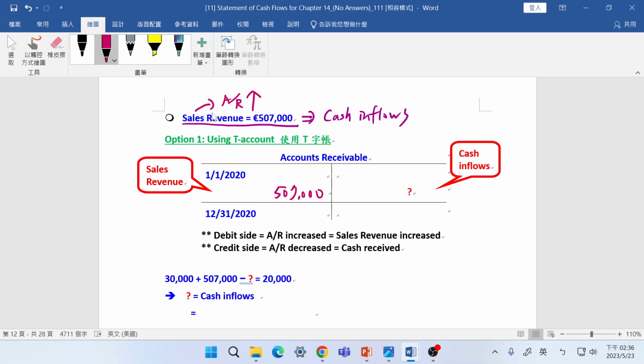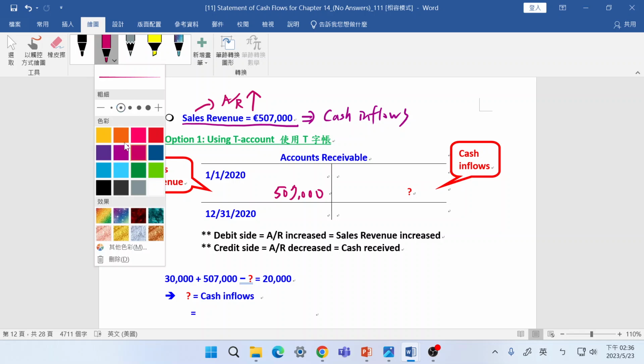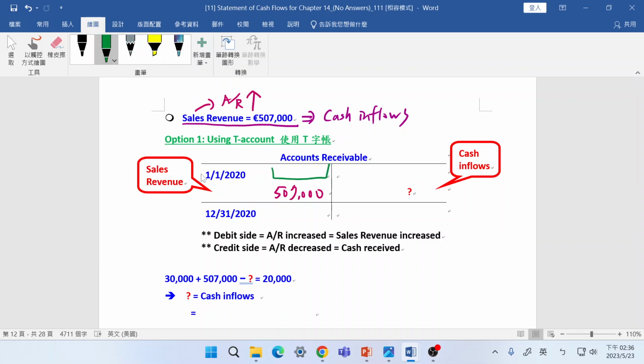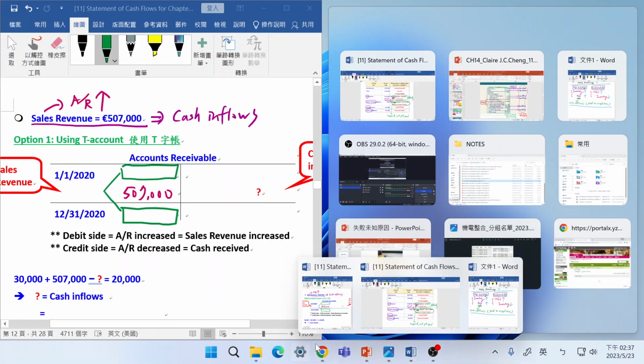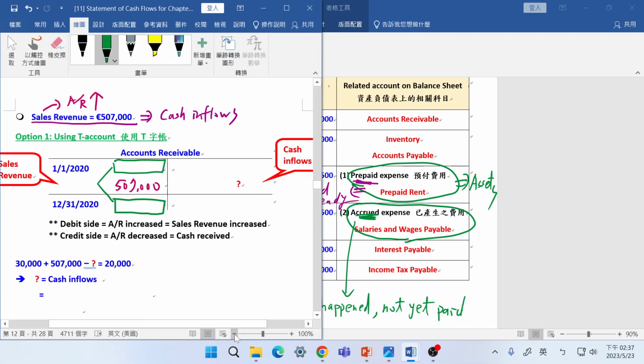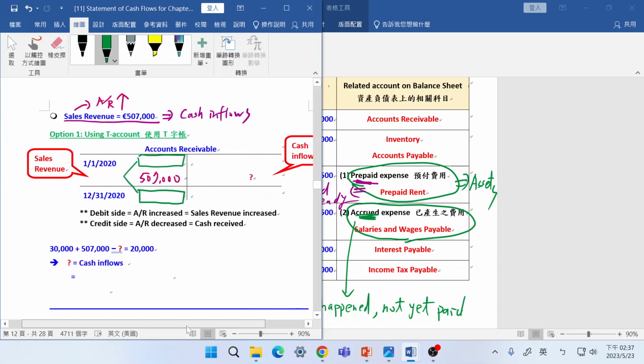Look at your balance sheet on page 10. Find out your beginning number and ending number. So where is your beginning balance? Where is the ending balance? Please look at your balance sheet. You will find these two numbers. So go to your page 11, page 10. Look at your balance sheet.